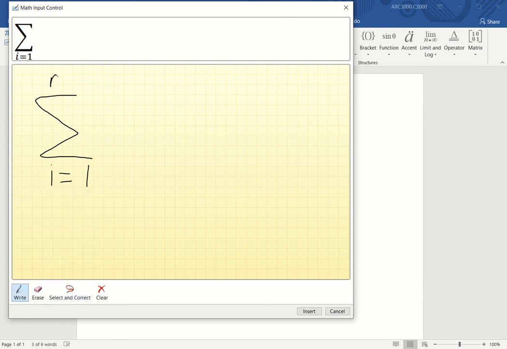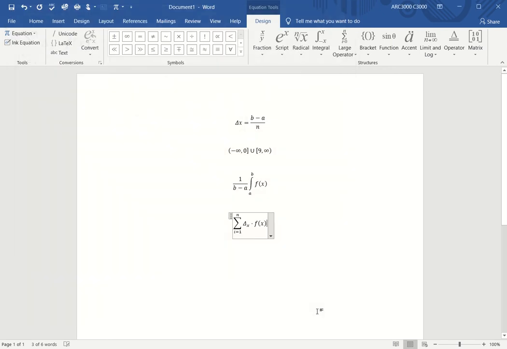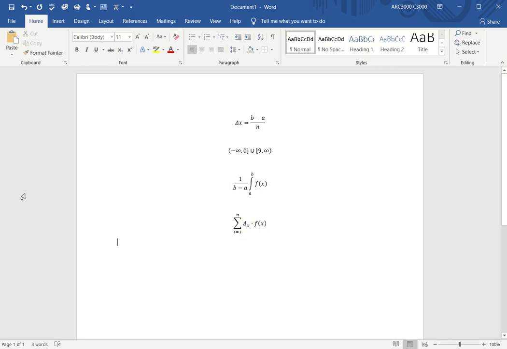Of n of delta x times f of x. Insert. There we are. Okay. Go back to the Insert tab.